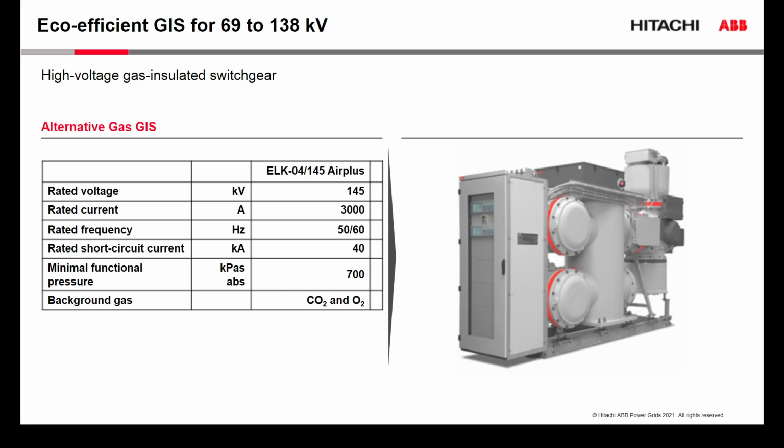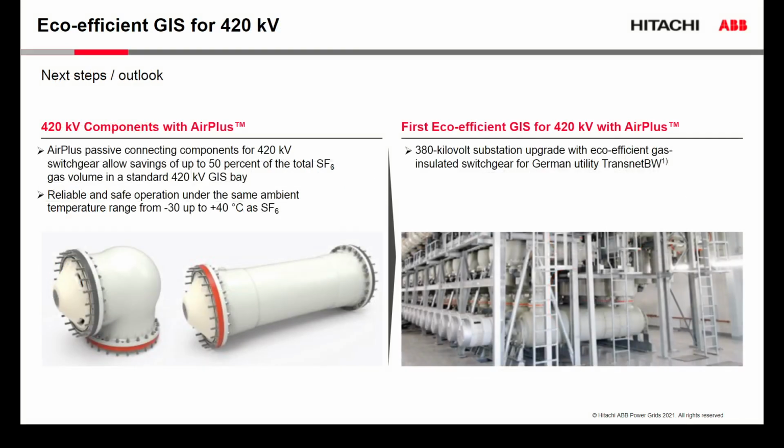While this one is at 138 kV, the question could be what is happening at the higher voltage levels. There are also developments at higher voltage levels, like, for example, an application in Germany, and there are other applications in other parts of the world, where AirPlus is utilized for the passive components in a temperature range down to -30 degrees C. Passive components make up a huge part of a GIS.